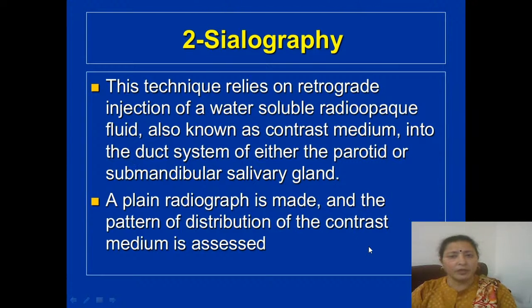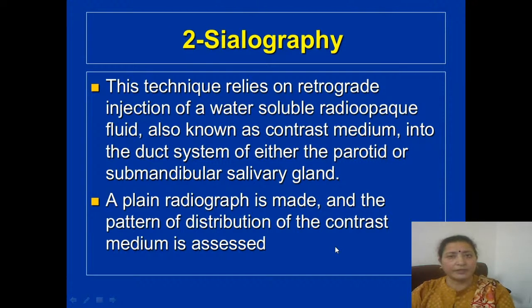Then we have the identification of the duct. We put in place, through retrograde injection, a water soluble radio-opaque fluid inside the duct and shoot an X-ray so that it gets delineated. That's sialography. The plain radiograph may be required initially.